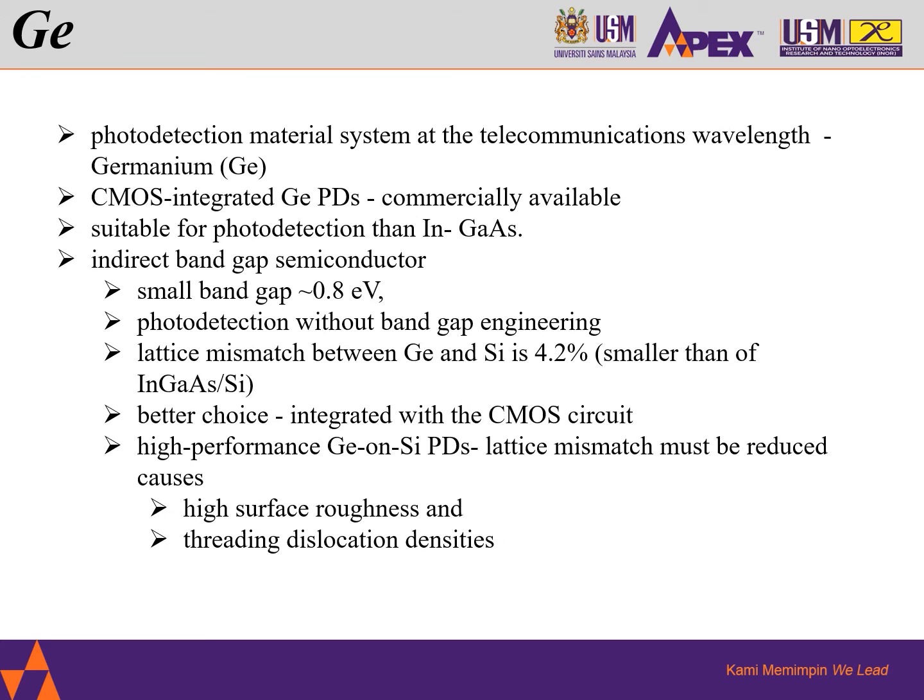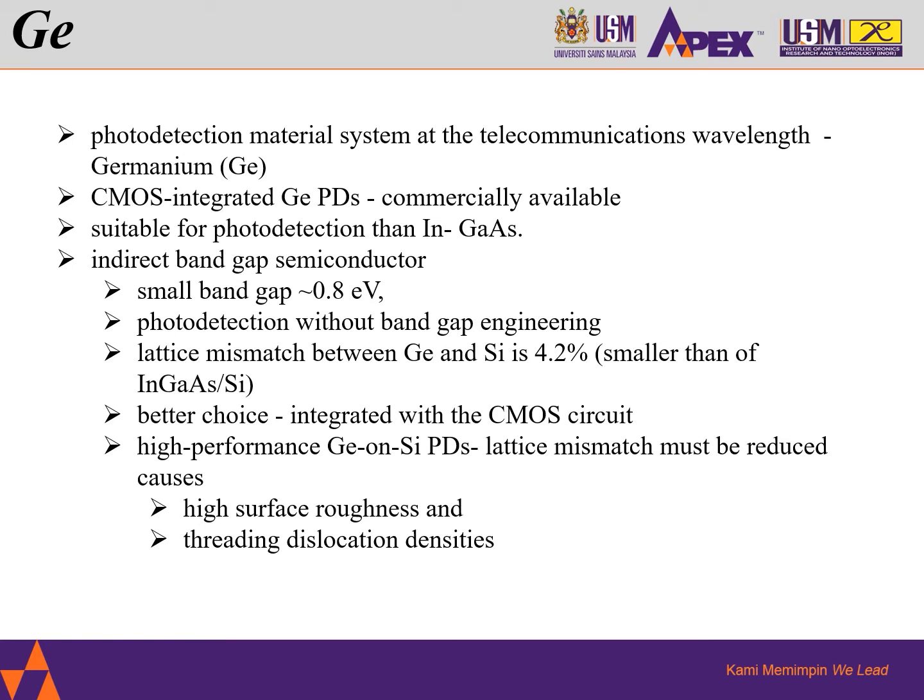Germanium PDs. Germanium is another photodetection material system at the telecommunications wavelength. Today, fully CMOS integrated germanium PDs are commercially available and share the market with indium gallium arsenide PDs.